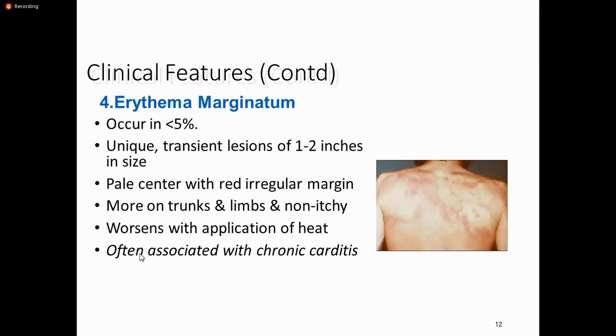Clinically, you can also diagnose by observing erythema marginatum, which occurs in less than 5% of patients, but it is a unique transient lesion. A lesion of 1 to 2 inches in size, with a pale center and red irregular margin, more on the trunk and limbs, non-itchy, blanching with application of heat, and often associated with chronic carditis.